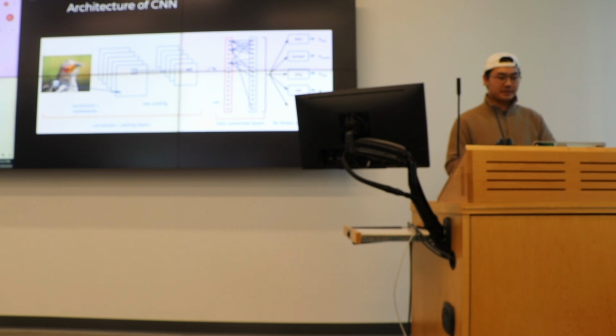Like this gentleman at the front mentioned earlier about pixels, does anyone know how these pixels are represented with respect to these images? They're arrays in a matrix, but what would these values be?